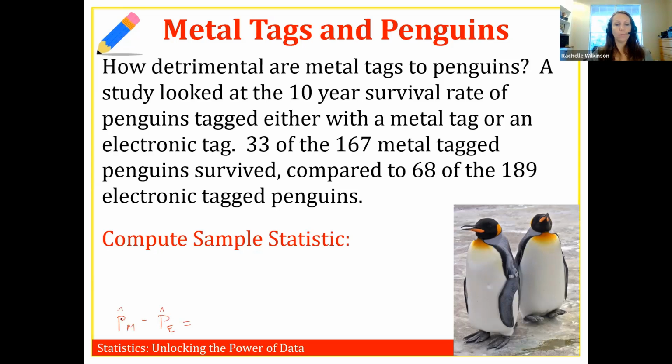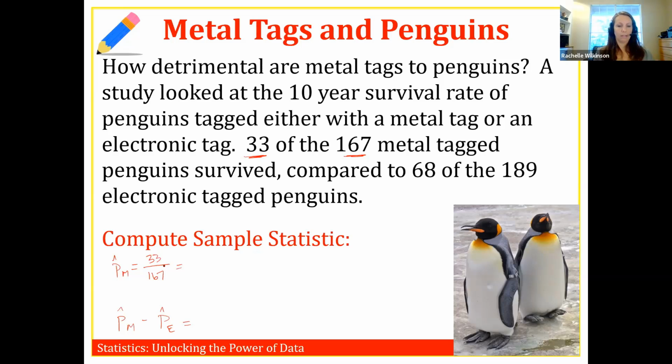So before I can figure out what this quantity is, though, I first need to figure out what P hat M and P hat E are equal to. So for the metal tagged penguins, it says 33 of the 167 metal tagged penguins survived. So that's going to be 33 out of 167.